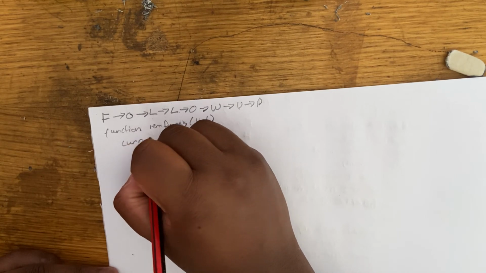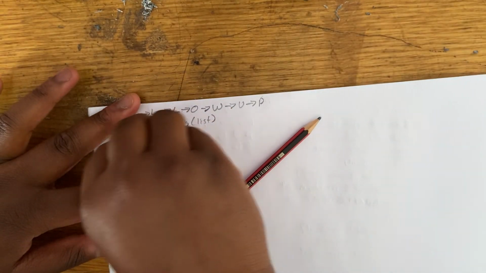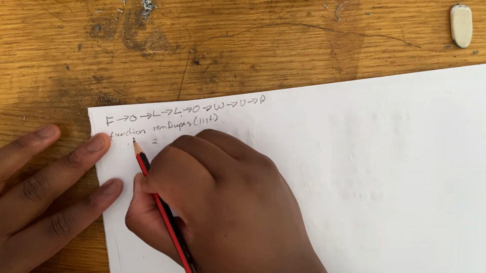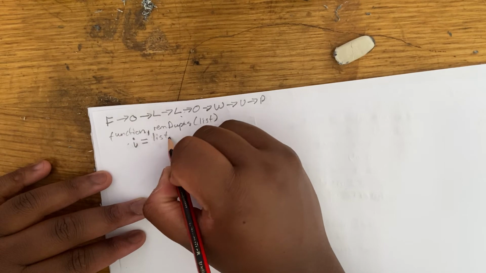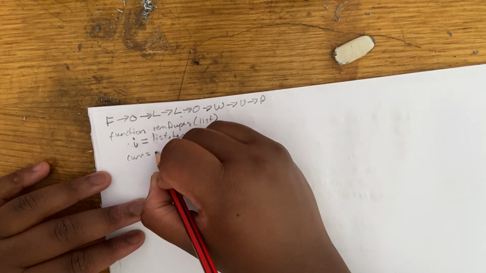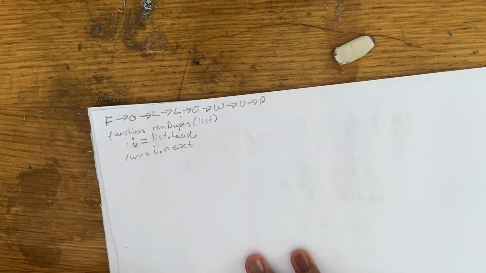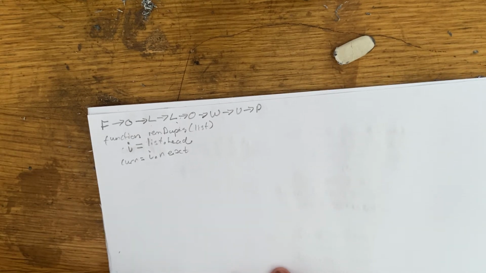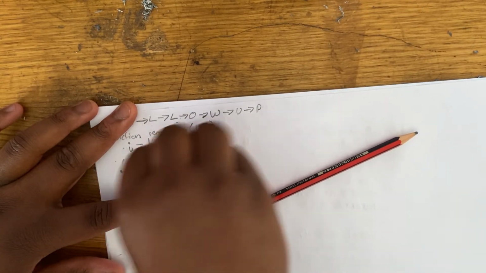Then let's do i. i is equal to list dot head, cur is equal to i dot next. Let's do that.